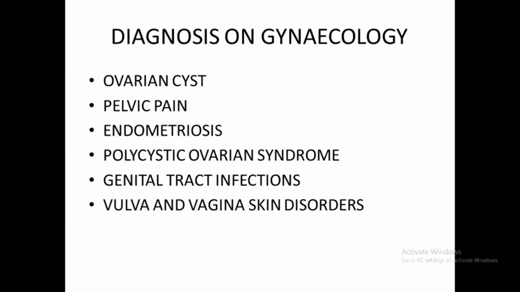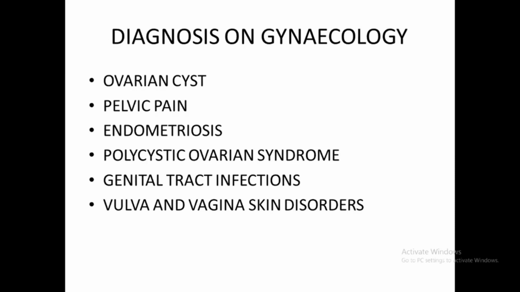Generally, ovarian cyst comes because of improper sexual practice, very painful intercourse, or an improper menstrual cycle. At that time, you can see ovarian cyst formation.